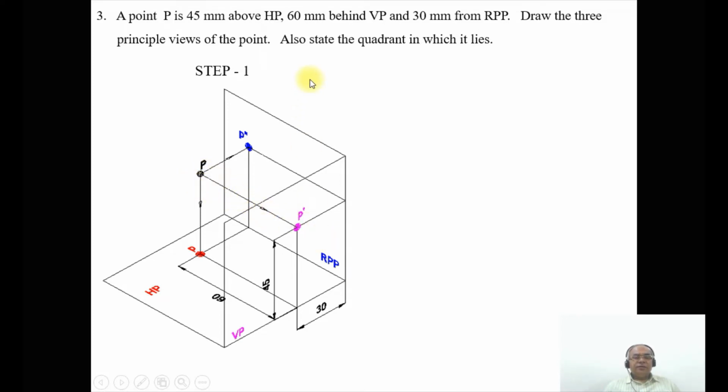When you look from the top view, you can see that it is behind VP and 30 mm from RPP. So we need to identify whether it is in front of RPP or behind RPP. So we need to check for the position of the view. That is this distance, which is 30 mm from RPP.